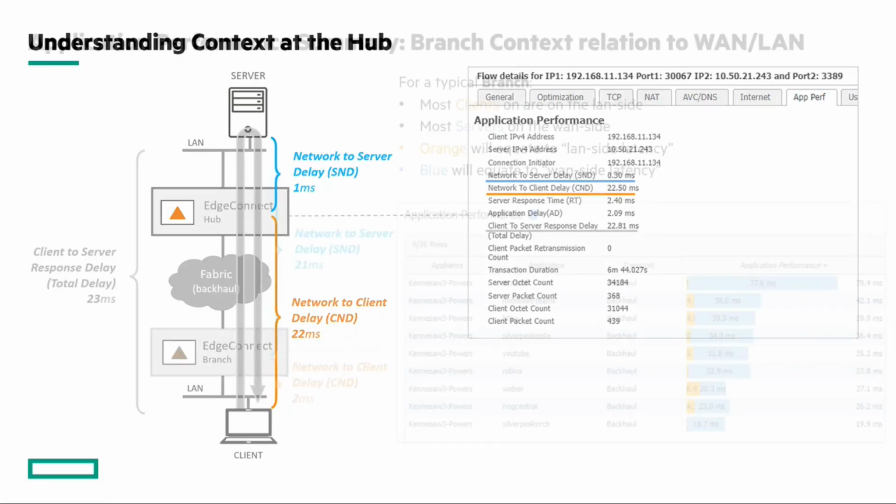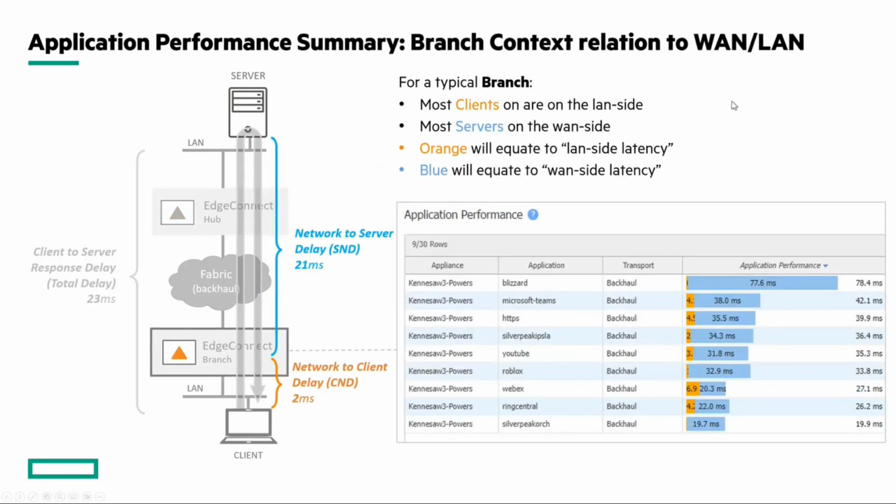Now, armed with that information, we can have even deeper discussion about these colors and the context and what they mean. Does orange and blue map to LAN and WAN? And the answer is sometimes, depending on the context. So imagine we're looking at the branch office and we pull up the application performance summary view and we just look at all the flows.